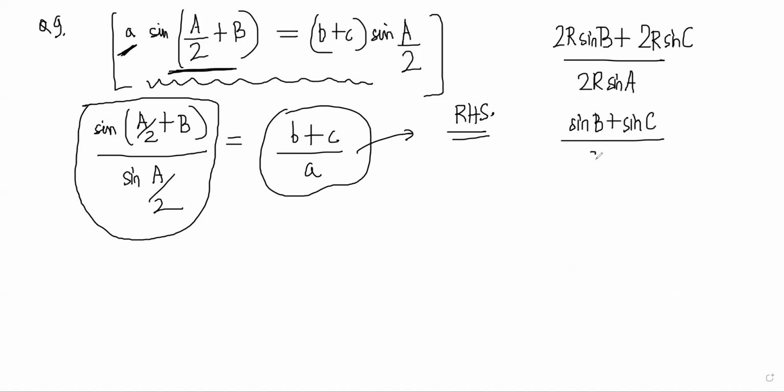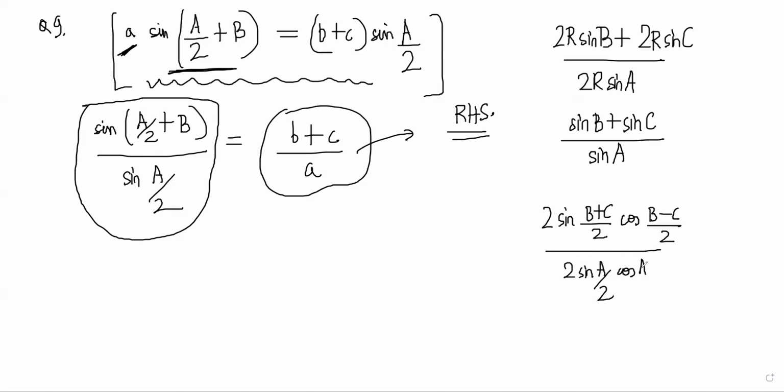Sine B plus sine C over sine A. If you now do the things, this becomes 2 sine of (B plus C) by 2 cos of (B minus C) by 2 divided by 2 sine A by 2 cos A by 2, right? Clearly, this part, (B plus C) by 2, is 90 minus A by 2. So this is cos A by 2, which gets cancelled from here. We are getting cos of (B by 2 minus C by 2) divided by sine A by 2.